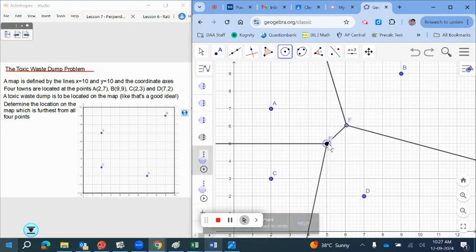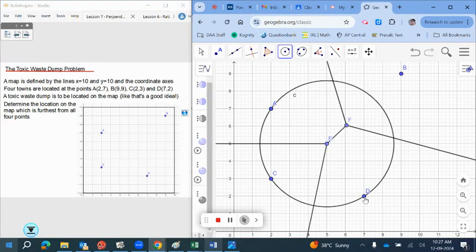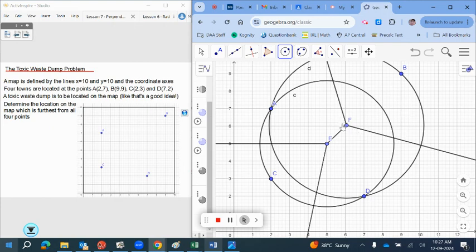If I draw a circle, center E, and I extend it out to here, what we can see now is all of the sites A, C, and D are going to be equidistant from point E. If I do another one at F, we notice that all of the sites A, B, and D are equidistant from F. So we want to have the shortest possible distance.